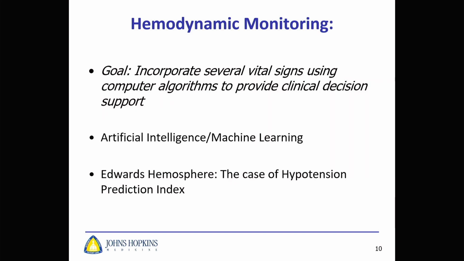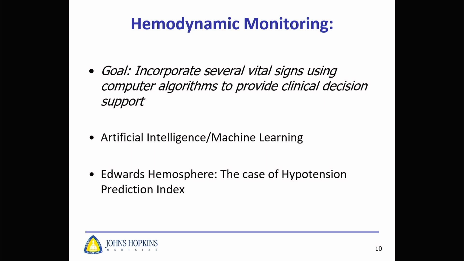Overall, I think the goal is to incorporate these vital signs, maybe using computer algorithms to help our clinical decision support. I mentioned a couple minutes ago that this is such an immensity of data that it surpasses the brain's ability to really analyze it, comprehend it, apply it, see the changes, do it again. So there really are some opportunities here for artificial intelligence, machine learning, to support a clinician.